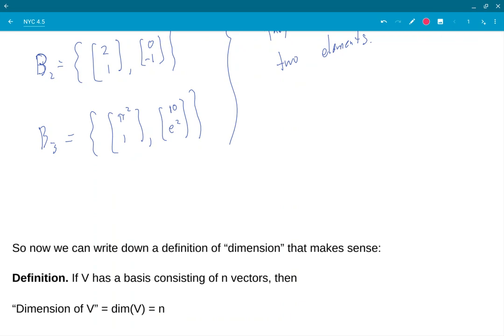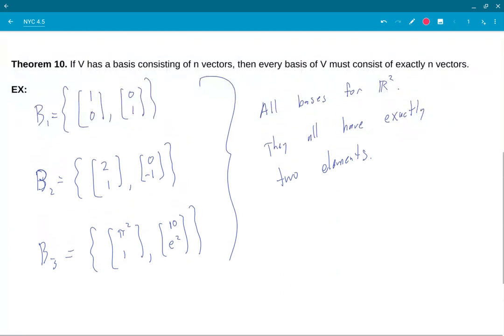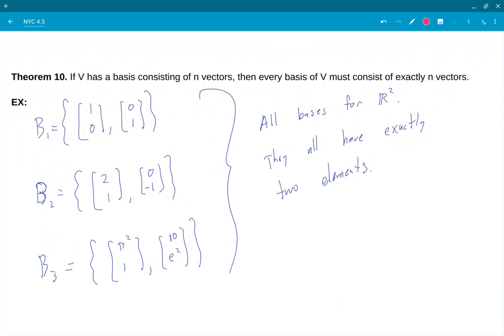And the theorems I just talked about, well, why did I talk about them? Well, I have to have a definition that makes sense, right? I have to be sure that this number of vectors in a basis is stable.